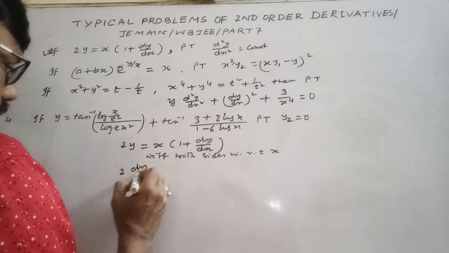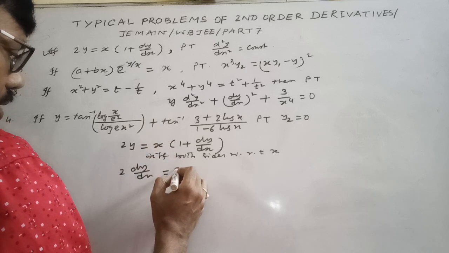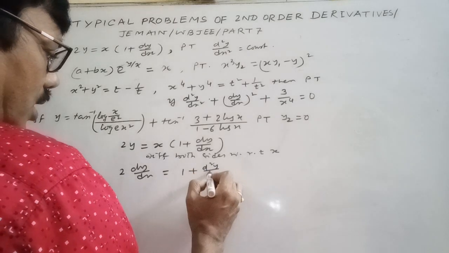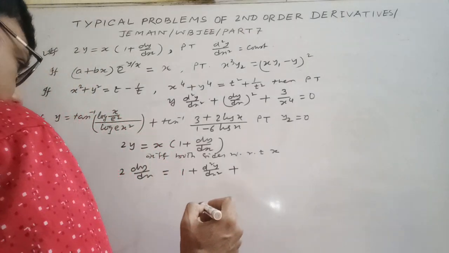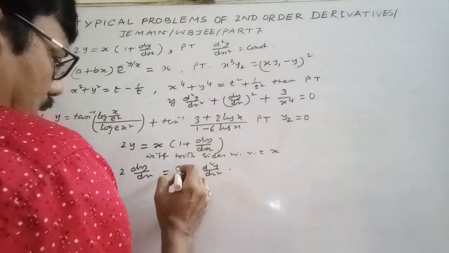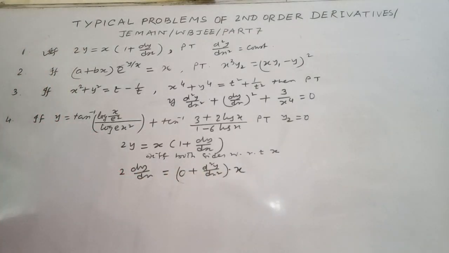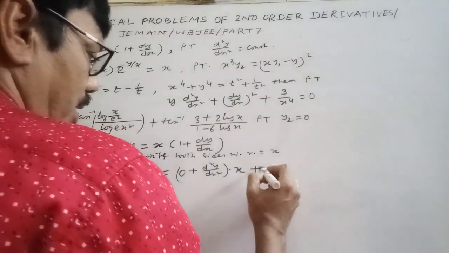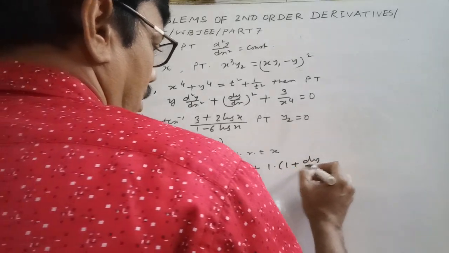So 2 dy/dx equals x unchanged into (1 plus d2y/dx2), plus the derivative of x, which is 1, times x unchanged, 1 plus d2y/dx2 plus the derivative of x is 1, so 1 into (1 plus dy/dx).